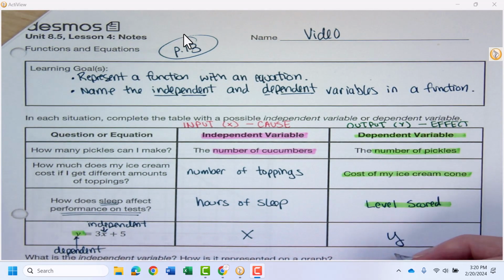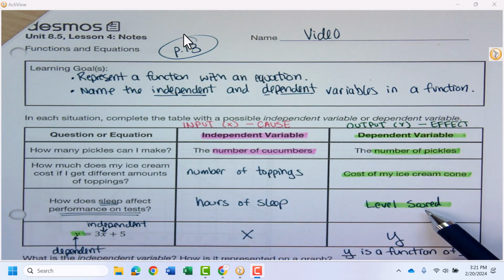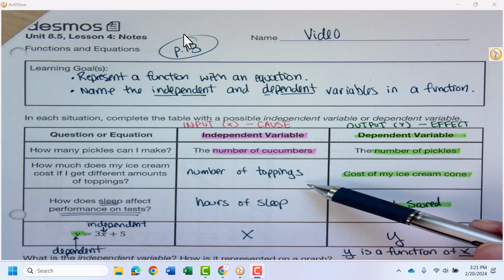And just so we use that language of functions again, I can say that y is a function of x. Or I can say the level I score on a test is a function of my hours of sleep. Or I can say the cost of my ice cream is a function of the number of toppings I put on it.